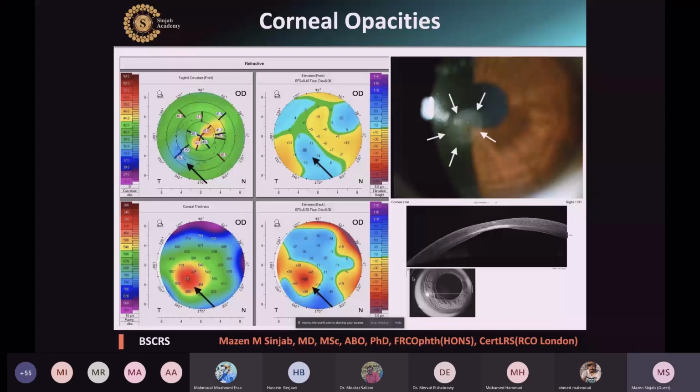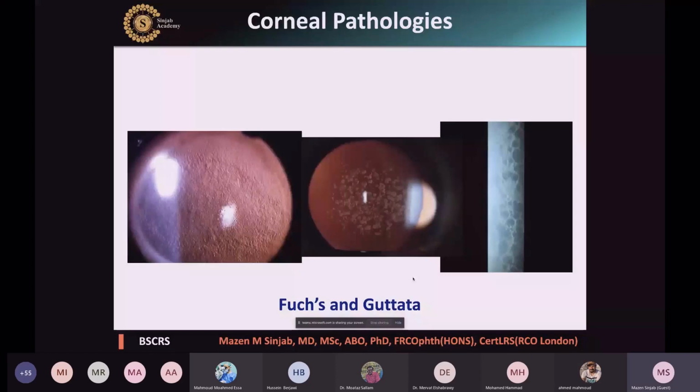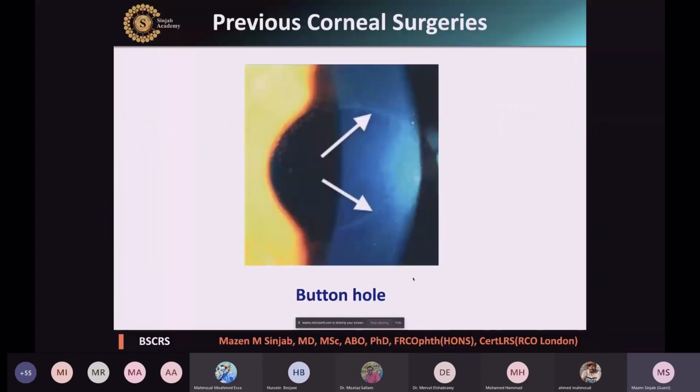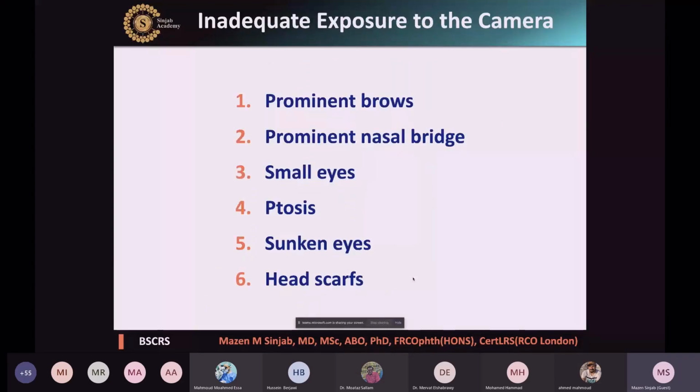Any corneal pathology may affect the tomography, such as Fuchs and guttata, posterior polymorphous. Previous corneal surgeries, especially if they were complicated, such as striae, incomplete flap, buttonhole, all of that can affect. Inadequate exposure to the camera is one of the factors as well, because of, for example, prominent brows, prominent nasal bridge, small eyes, ptosis, sunken eyes, or head scars.